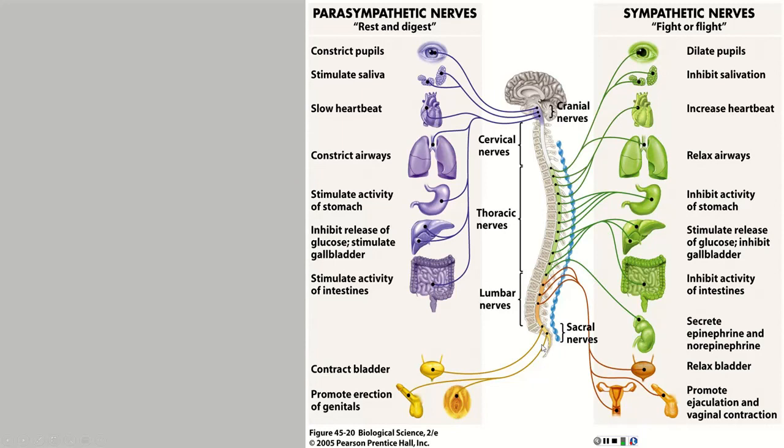And remember, the parasympathetic nervous system has long preganglionic neurons, so it's going from the brainstem all the way to the organ, or from the sacrum all the way to the organ. The postganglionic is very short because it only has to go from the ganglion on the organ itself to the organ.